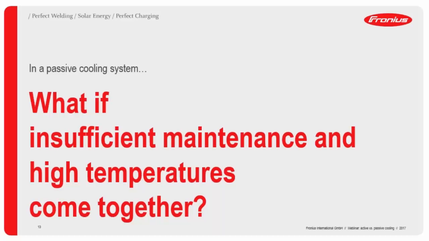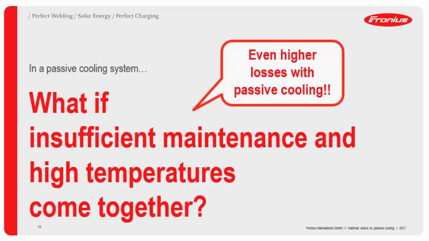And if you think further, the question is, with passive cooling, we've seen the temperature derating behavior, and we've seen what maintenance is required. But what if insufficient maintenance and high temperatures come together? You can imagine that you have even higher losses than what we've seen before in this derating curve of the inverter.